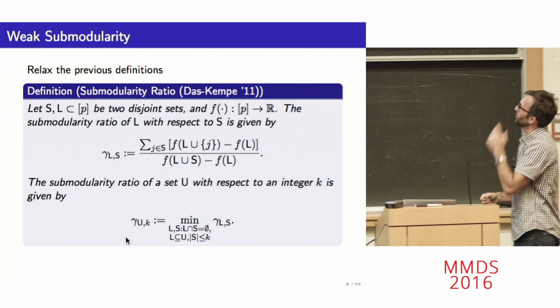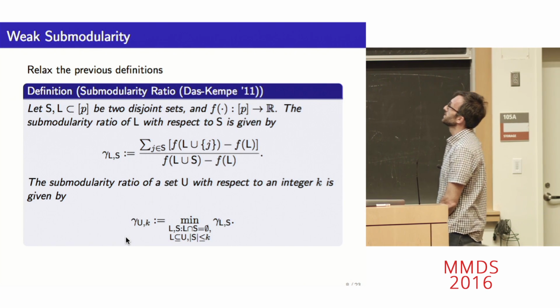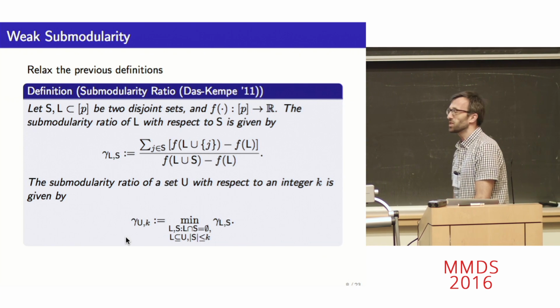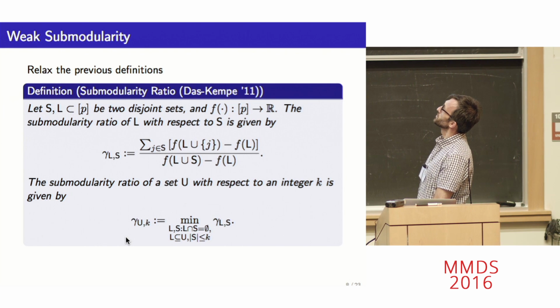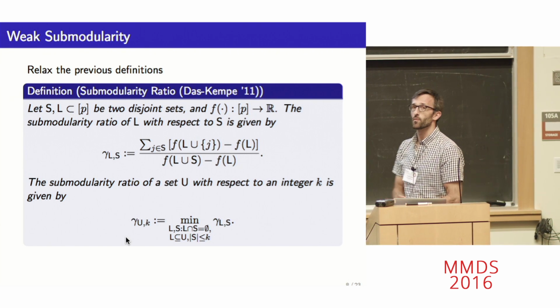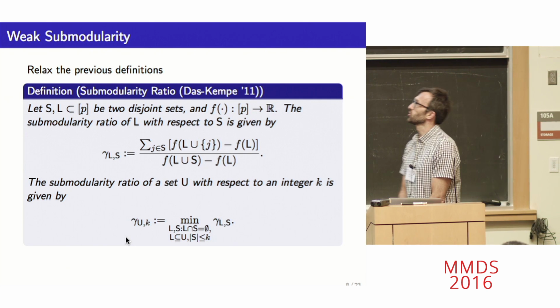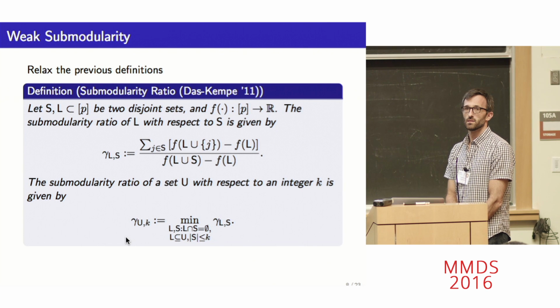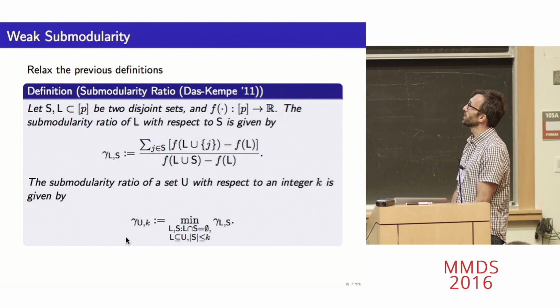Okay? So let's suppose that F was just how much money you have in your wallet, and you're just adding, and L and S are subsets of different bills. So what would gamma LS be in that case? F is the money you have in your wallet.